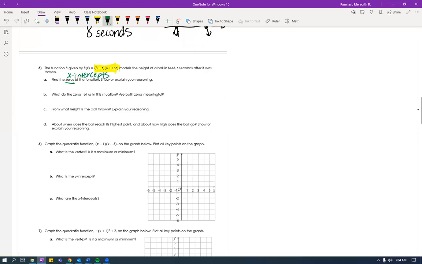And we find these at t equals 3 and t equals -4. And we just graphed those in Desmos. What do the zeros tell us in this situation? These are the times that the ball hits the ground.